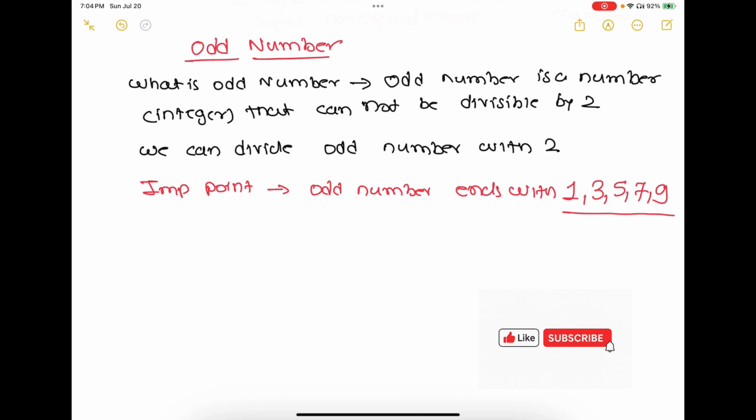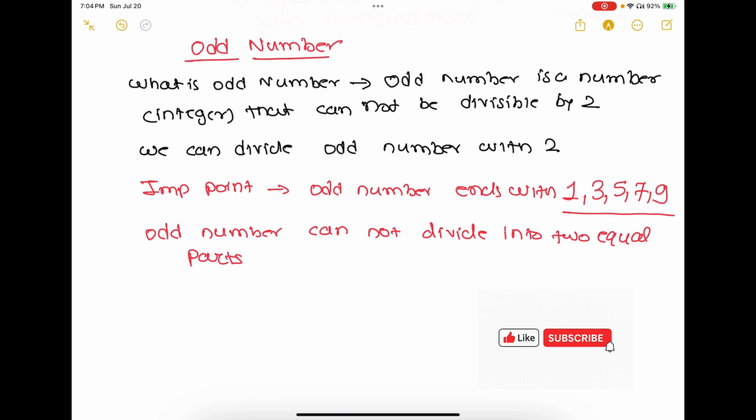Okay, and odd number cannot be divided into two equal parts. Okay, so very important.